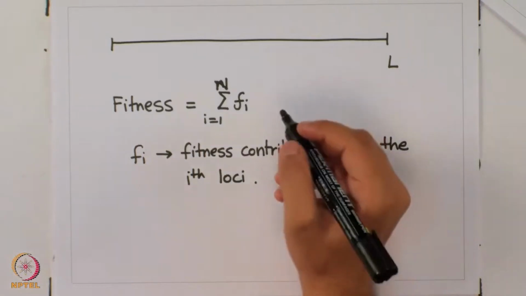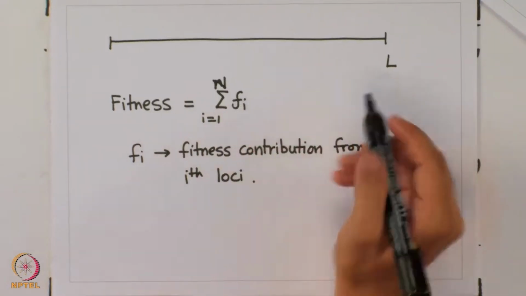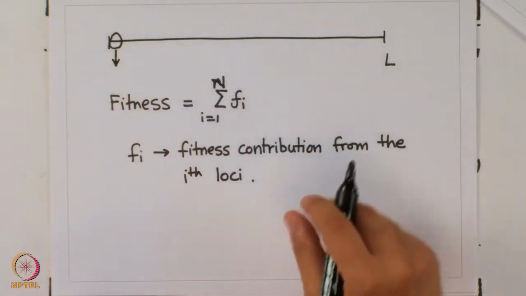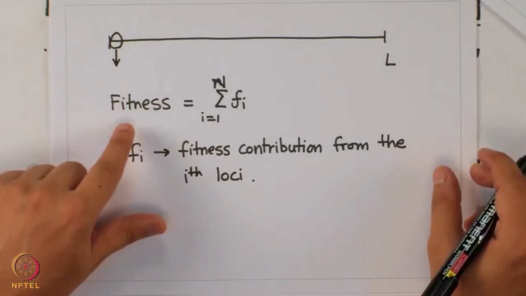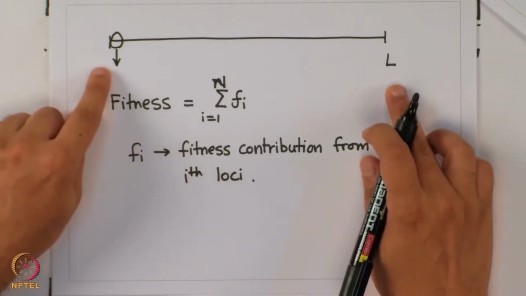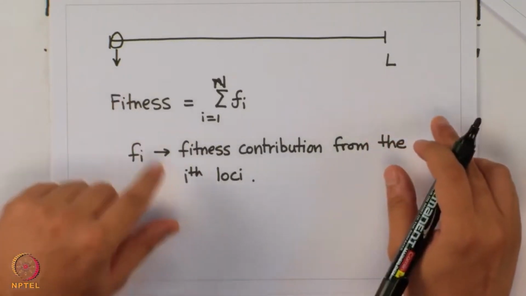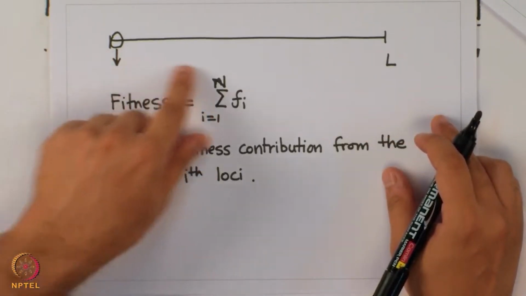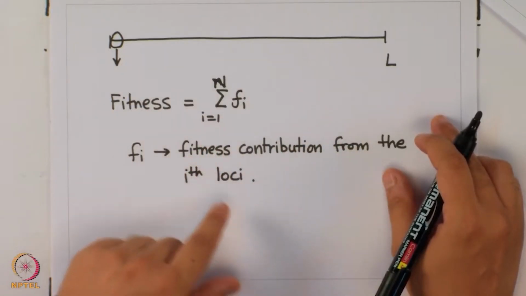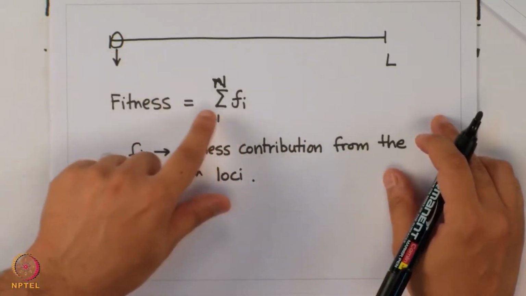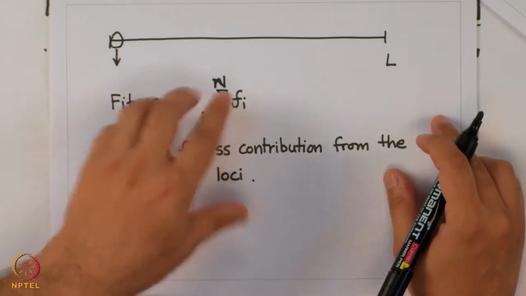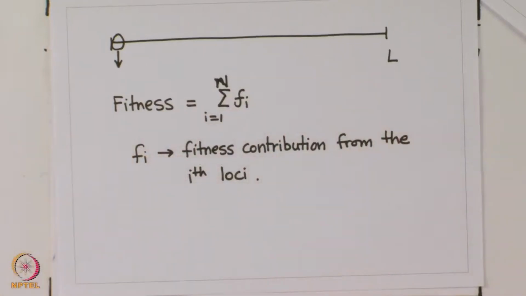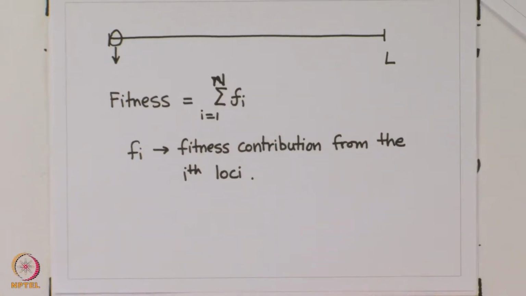You could visualize it one way, that N is equal to L. So every nucleotide on this sequence has a fitness contribution, and you add them up. This is just a simple addition. You add the fitness contribution of the first nucleotide F1, the fitness contribution of the second, and so on and so forth, up to L, and that gives you the fitness of this entire chain of DNA polymer.